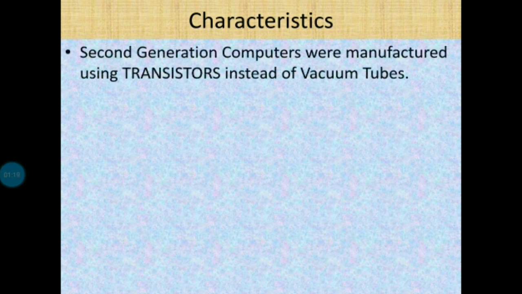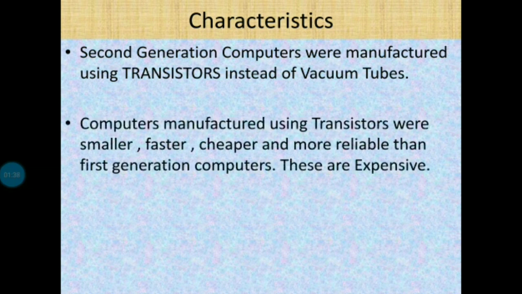The first generation computer was manufactured with vacuum tubes, around 18,000 vacuum tubes and 72,000 capacitors. That's why its size was very large. But in the second generation computer, instead of vacuum tubes, transistors were used.